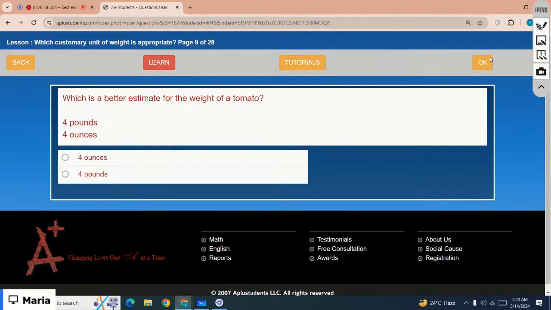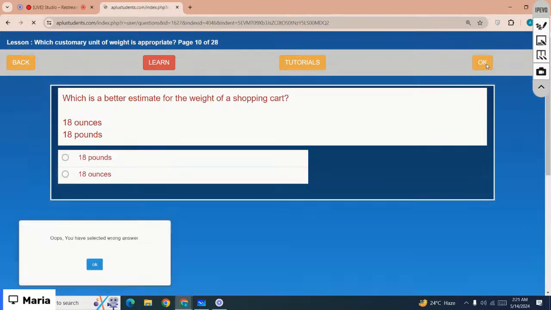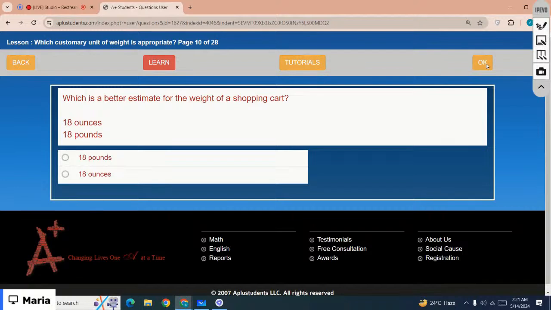The correct option is 4 ounces because that is just a tomato, right? So 4 pounds is too much for the tomato. Okay, you can complete the lesson by yourself later today. Let me just move on to the next lesson.